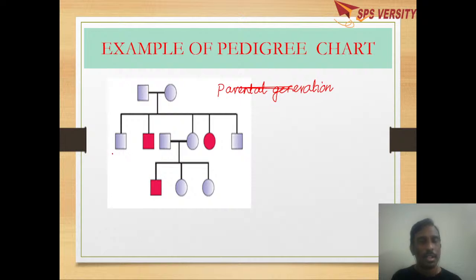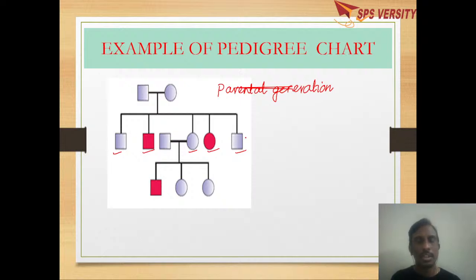The first son, the second son, the third a daughter, the fourth a daughter, and the fifth a son. So in total they have 5 children.